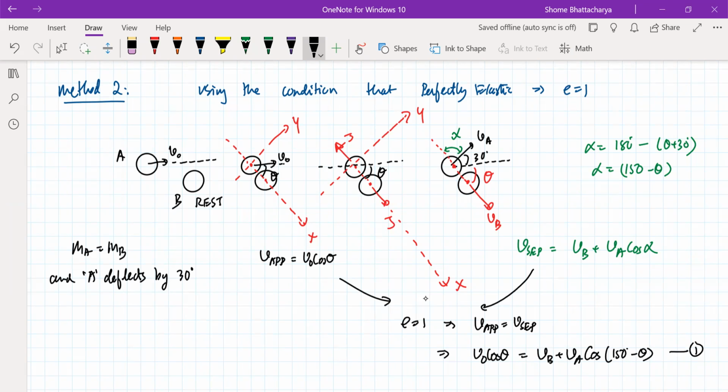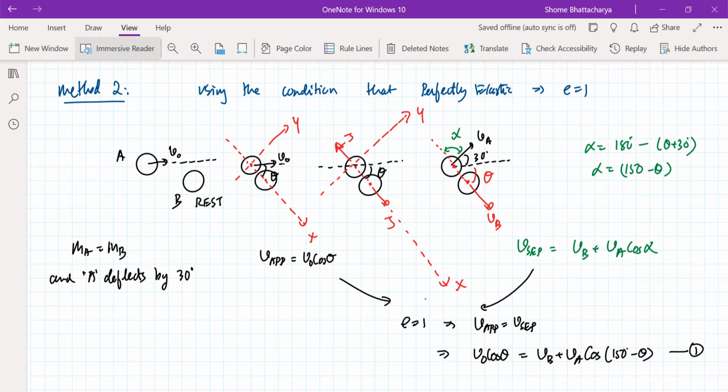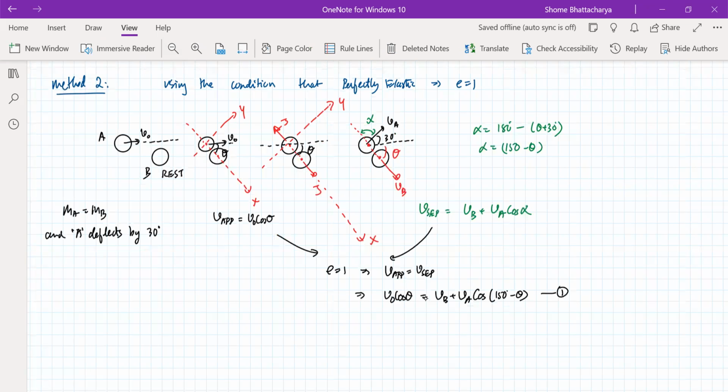So this becomes our first equation. Actually we have three unknowns: VA, VB, and theta.